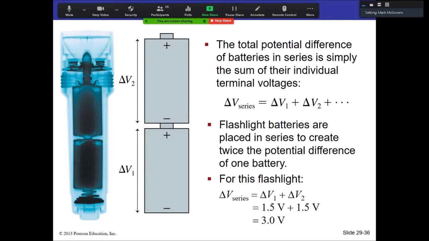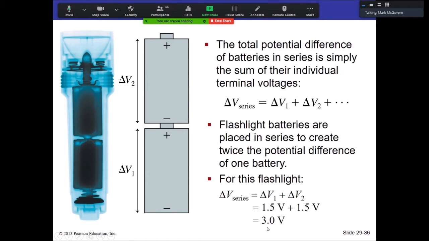What's the voltage of a D battery? They're all 1.5s. I always look this up. Yeah, 1.5 volts for the D battery. Anyway, what happens here is we simply add those up, and these act together to produce a 3-volt thing.